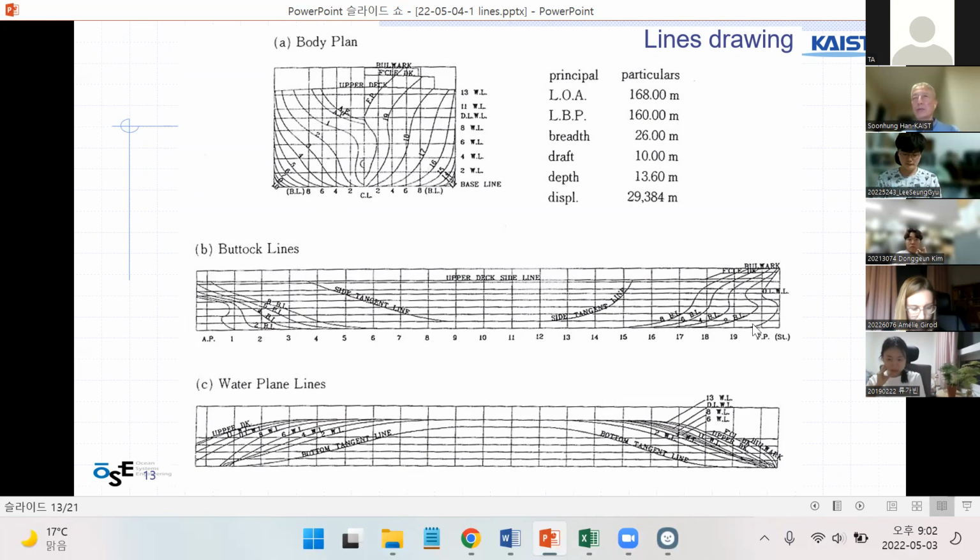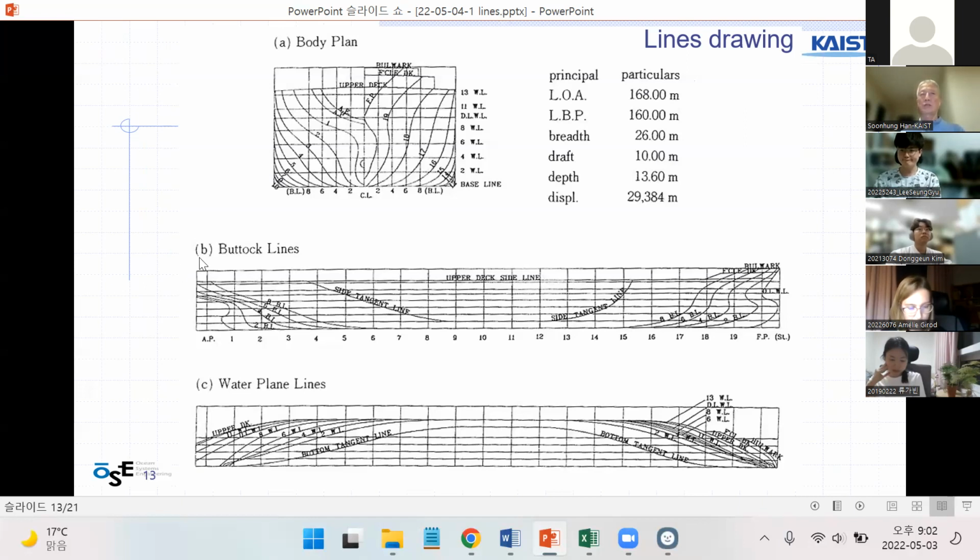Now, we come back to the length scale of length overall, and also length between perpendiculars. You should remember that length between perpendiculars is important for shipbuilding and designers.